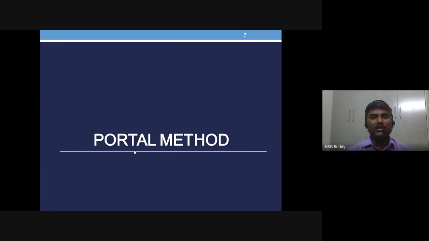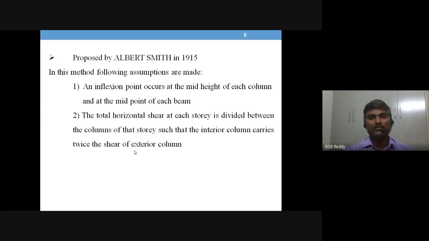Let us recall step by step that it is mainly based on the assumptions that make the indeterminate structure into a determinate one, with two simple assumptions proposed by Albert Smith.